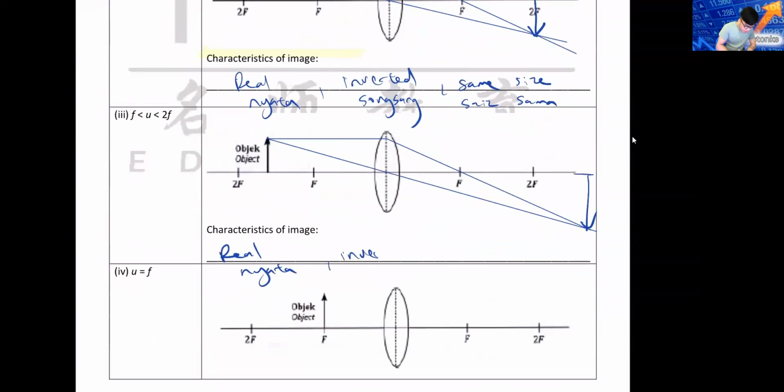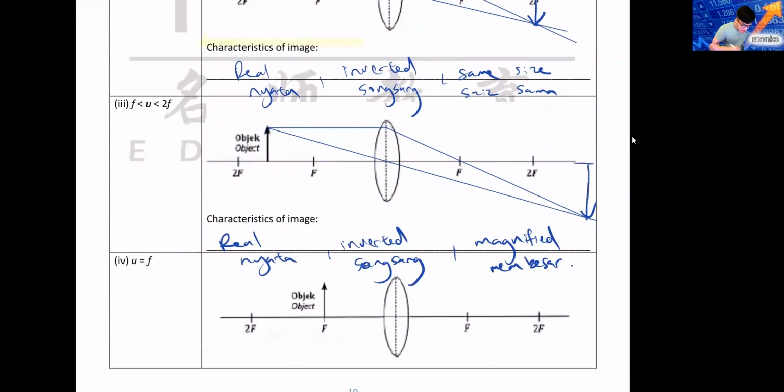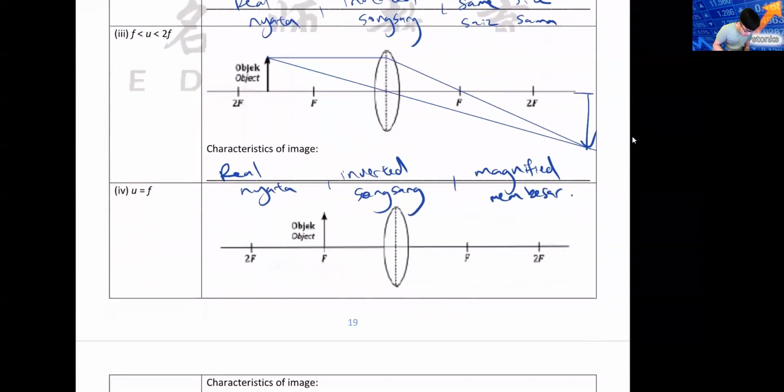Inverted as well. Songsang. And this becomes magnified. Membesar. I know this is redundant lah. You will most likely see this in objective. But still. Anyway, next one.